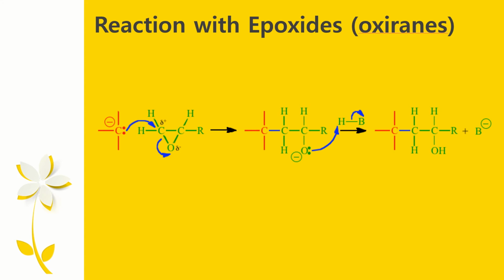Another example here is that they can also react with epoxides or oxiranes. Epoxides are a 3-membered ring. So we have carbon-carbon and a 3-membered ring to an oxygen. Our carbanion can attack our carbon here, causing our carbon-oxygen bond to break, as is evidenced by the arrow starting on the line and ending on the oxygen.